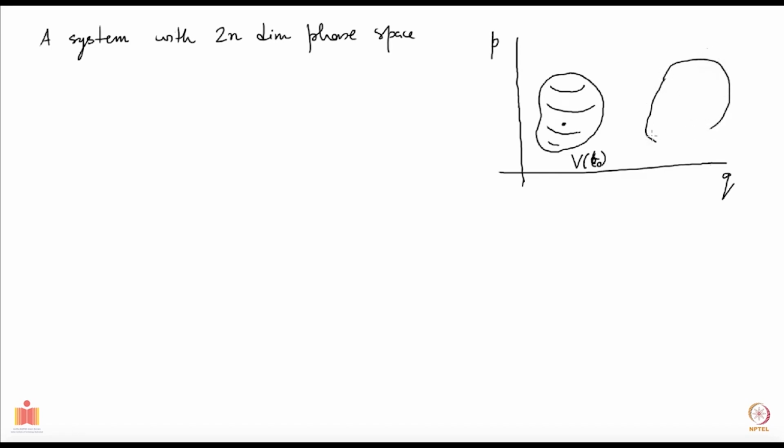Let's say it becomes like this. I'm not saying the shape will be the same, the shape changes, and we want to know whether the volume has increased or decreased or what has happened at a different time t. So you go from t0 to t, and this is what we want to ask. What we are really looking at now is what is called Liouville's theorem. I will tell you at the end what the theorem is.